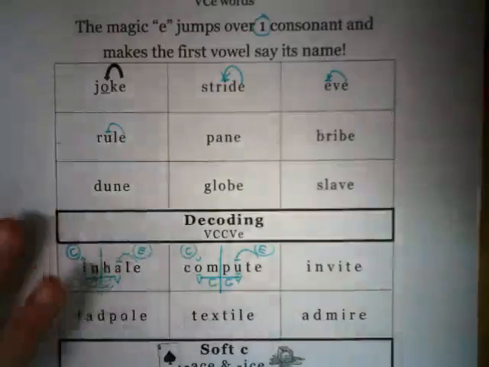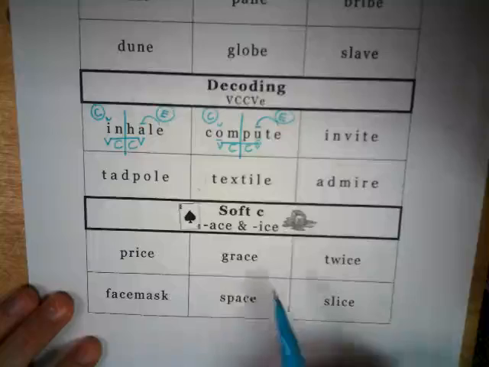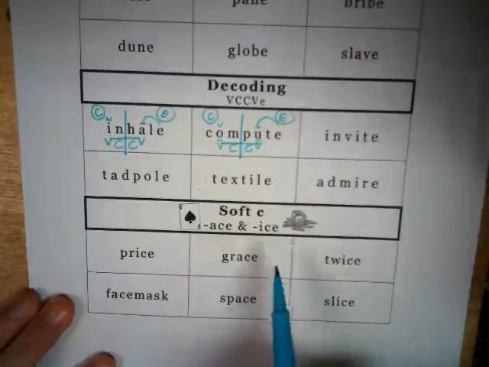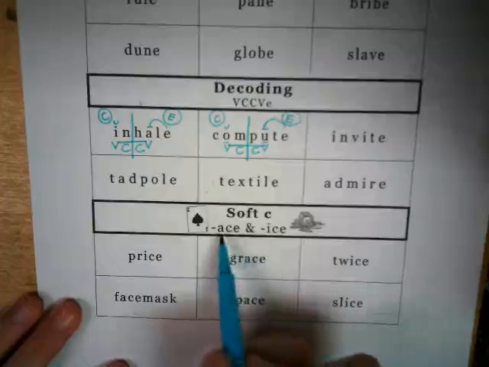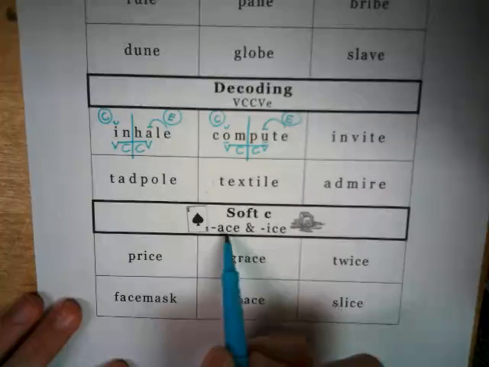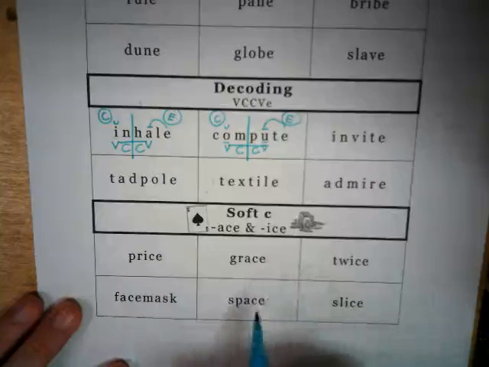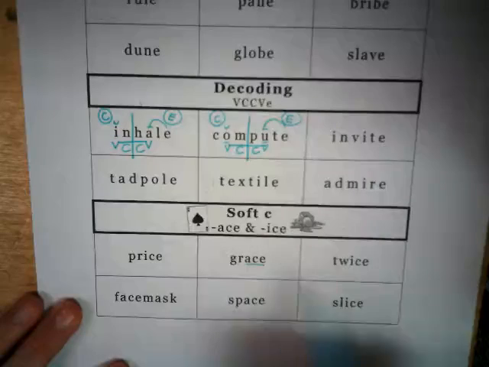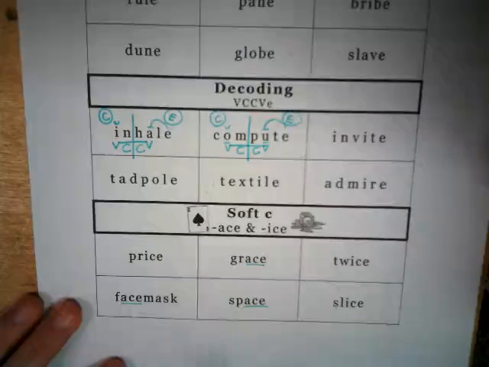And then our last thing for magic E is that sometimes that E makes a soft C. And that is ace and ice. So if we have ACE, it's going to say ace, not ake. The E makes the C go soft. So for example, we have grace or space or face.